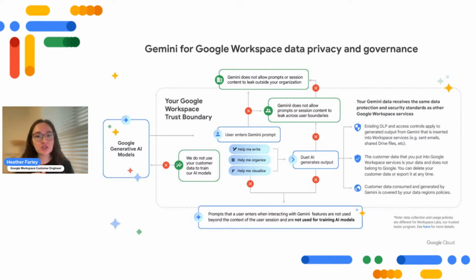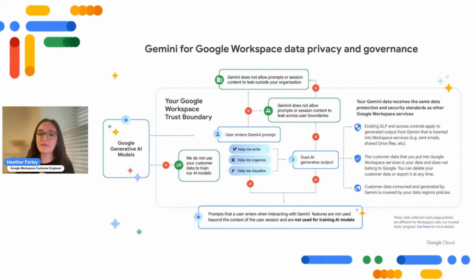Something that I mentioned earlier is there are not a lot of technical hurdles that you have to meet in order to deploy Gemini for Google Workspace. As long as you already have security standards in place to protect your other Google Workspace services, for example, the correct access and permissions set up. Do you have data protection rules for your sensitive data?